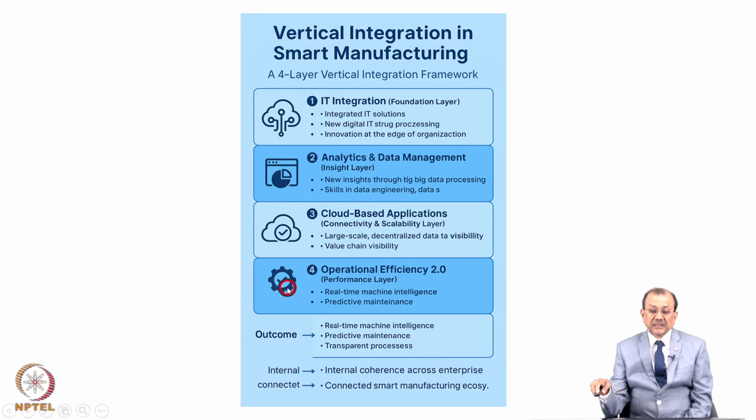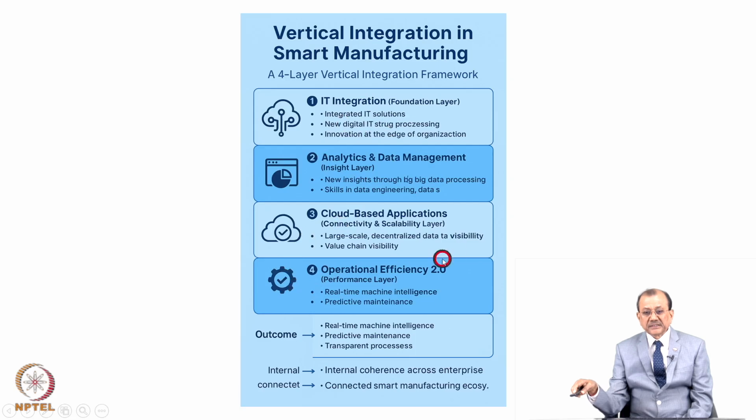Operation efficiency means that whatever targets you have thought about your production, your safety, and the quality of your products, those are being achieved with the help of this kind of software integration and analytics which we have discussed.